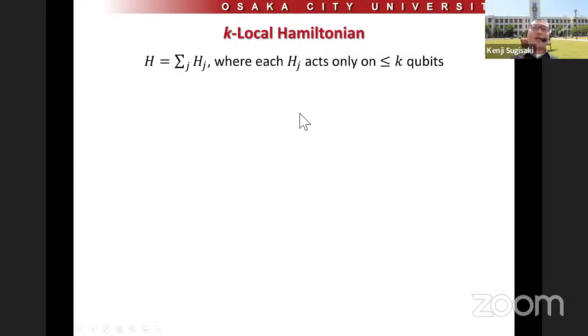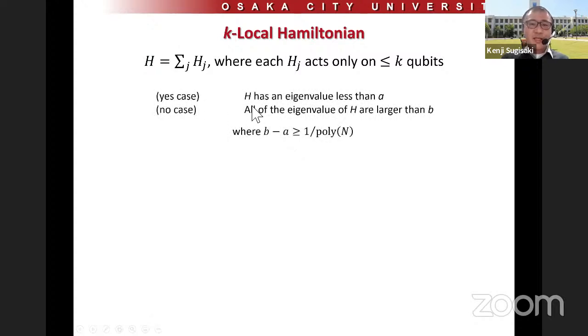And in computational classes, we always think about Boolean functions, where the answer is yes or no. In this k-local Hamiltonian case, yes means that this Hamiltonian has an eigenvalue less than a, where a is some value, and no means that all the eigenvalues of H are larger than b, where b minus a is bounded as larger than 1 divided by polynomial in n.